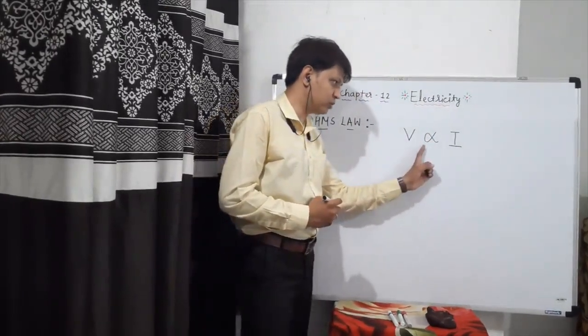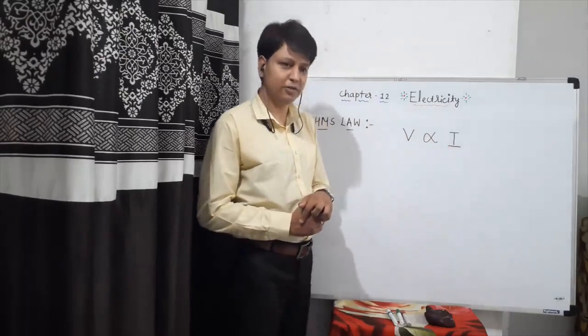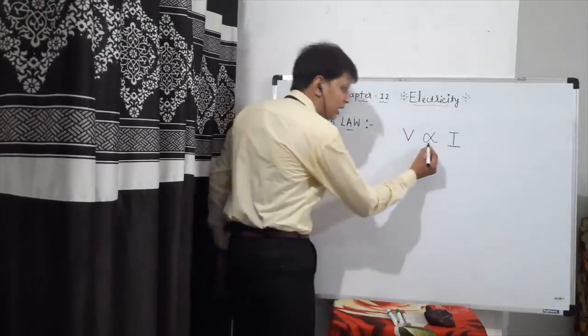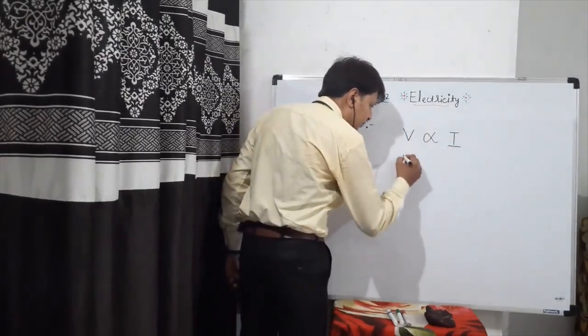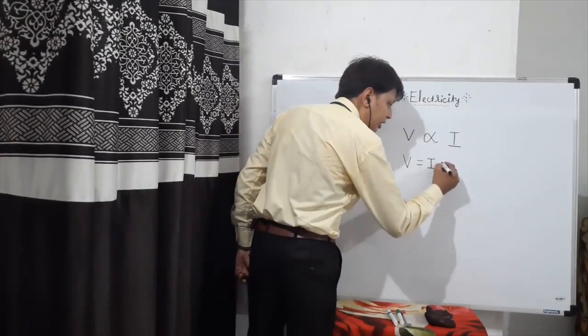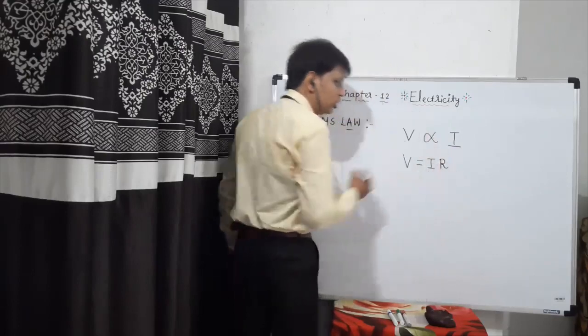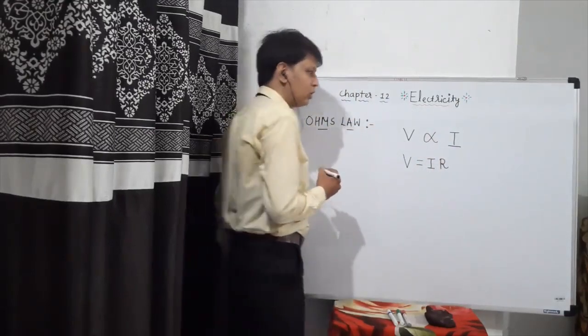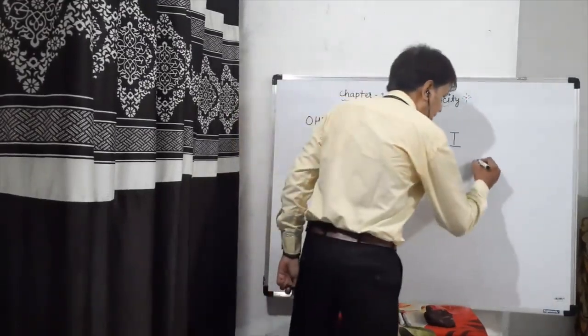So V is proportional to I. Now if we take out the proportionality sign, then V will be equal to I multiplied by a constant called the proportionality constant R.